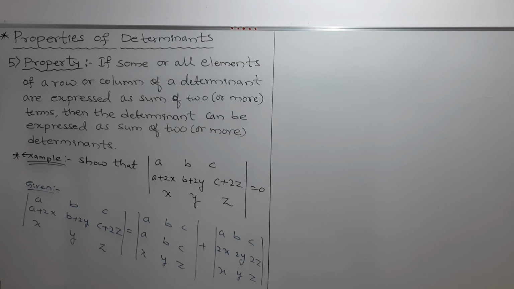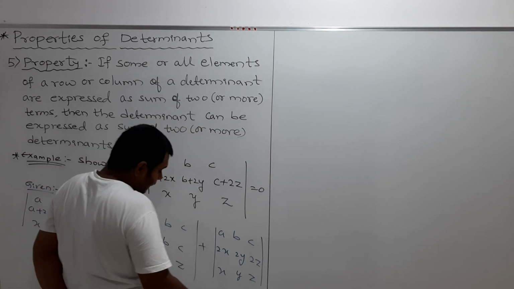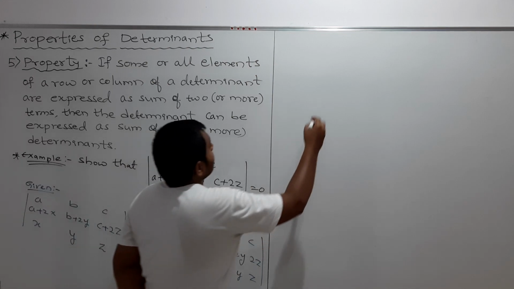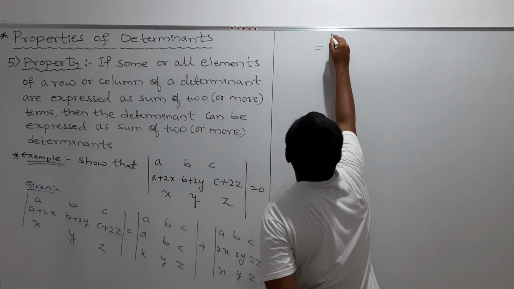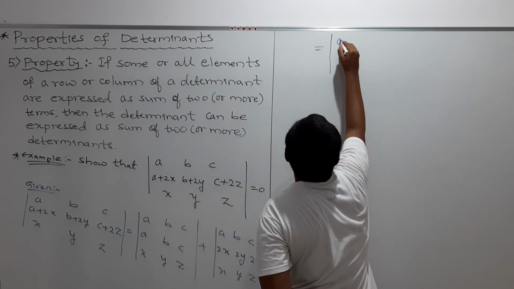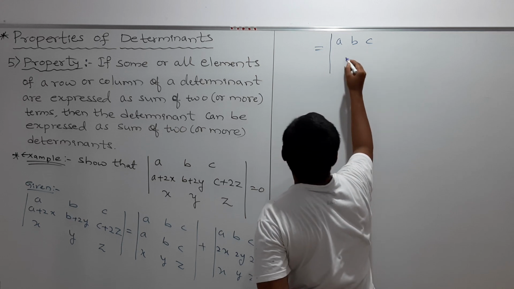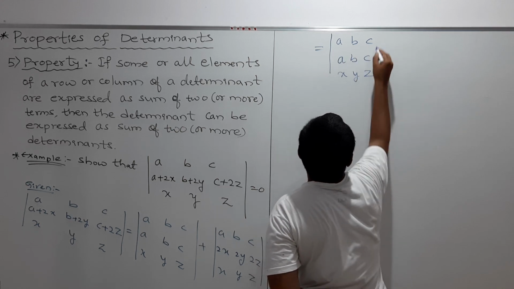That I did. Now my dear students, this is equal to, here a b c I will write as it is, the elements of this determinant a b c, x y z.